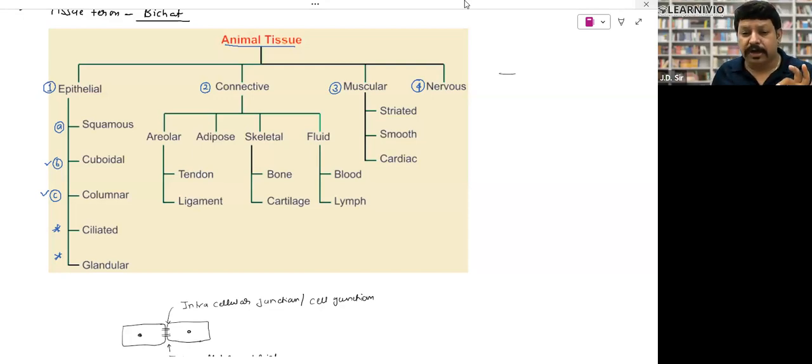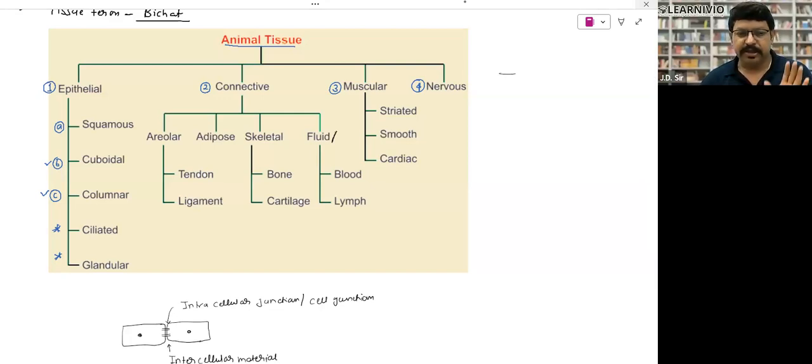In some books there is a special kind of classification. They call blood and lymph a specialized tissue. So either you can call it fluid tissue or categorize it as specialized. Don't get confused. Animal classification is very diverse. If you read 10 books, there will be 4 or 5 different classifications.